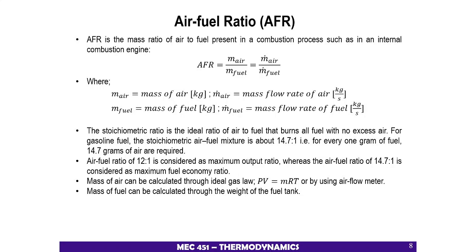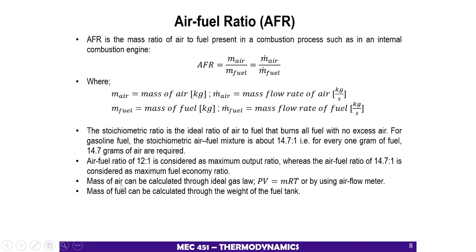For example, for every 1 gram of fuel, 14.7 grams of air are required to complete the combustion. An air fuel ratio of 12 to 1 is considered the maximum output ratio, whereas an air fuel ratio of 14.7 to 1 is considered the maximum fuel economy ratio. So normally for a normal vehicle, the range for air fuel ratio is from 12 to 1 to 14.7 to 1.